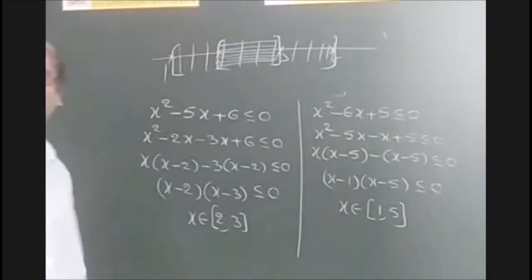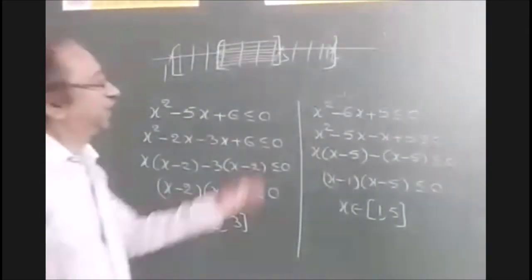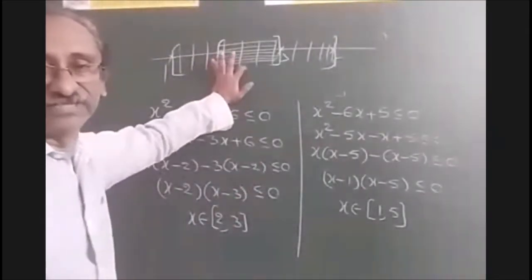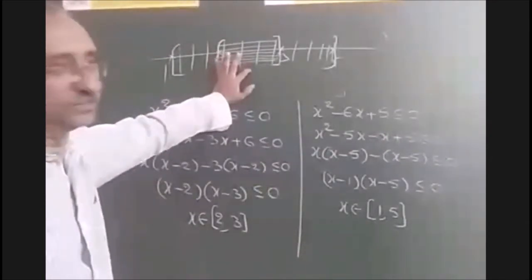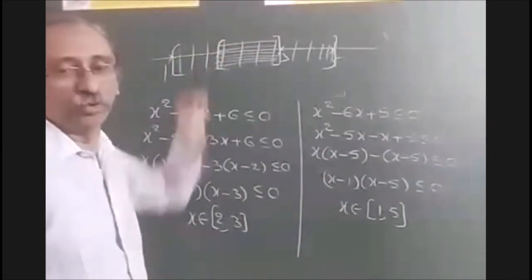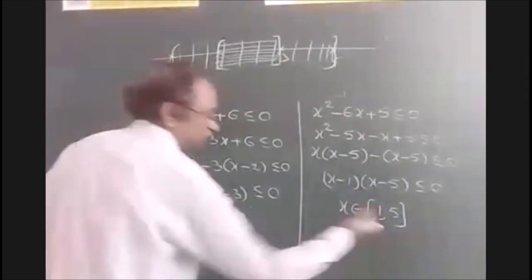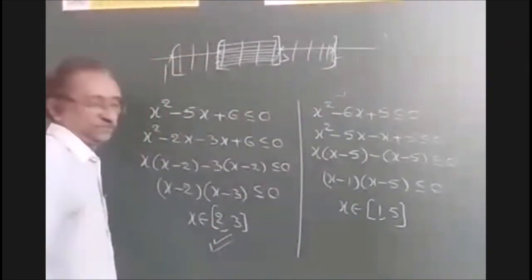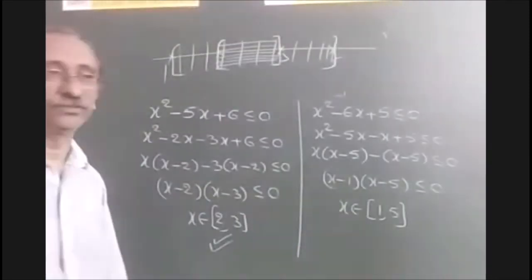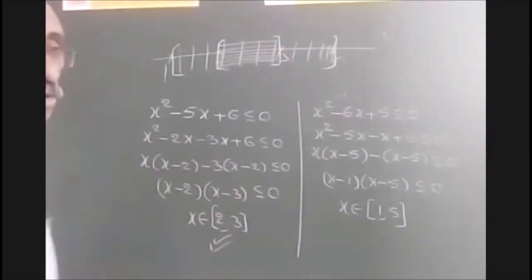The common solution is where both overlap. Between 2 and 3, so the answer is nothing but this one, because this is a subset of that. So the answer is x belongs to the closed interval 2 comma 3.